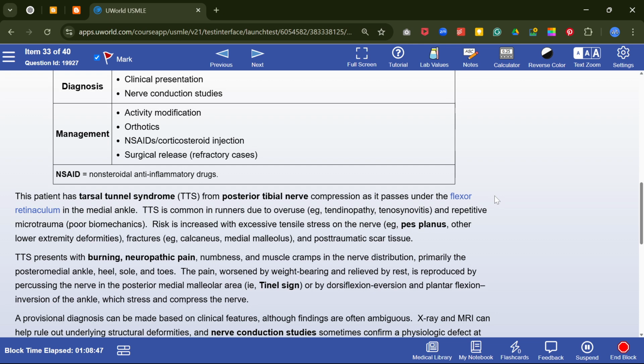The pain is worsened by weight bearing and relieved by rest, and is reproduced by percussing the nerve in the posterior medial malleolar area, Tinel sign, or by dorsiflexion, eversion, and plantar flexion, inversion of the ankle, which stress and compress the nerve.